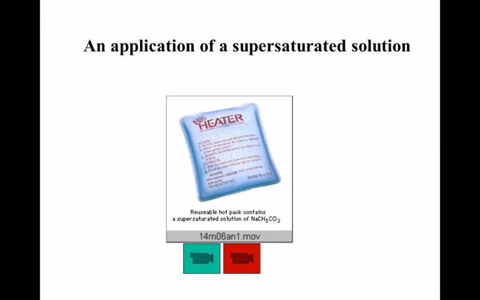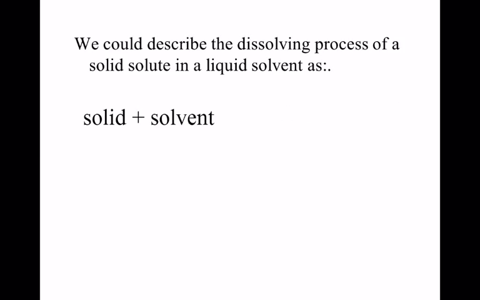And we're going to go back to those arrows, the pink arrow and the black arrow, coming up. So, yep, this is what I just described, my little hand warmers. Here's where we get to the title of this part 9. Generally, we think if you want more solid to go into solution, you heat it up. Not always the case, but it's the case with a lot of things.